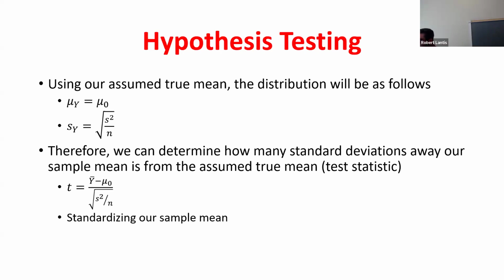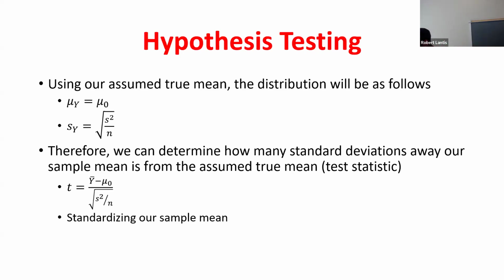So all of this information, I pull out from the data that I sampled, right? I've got my sample mean, I've got my variance from that sample data, I've got my sample size from the data set. All of that I get from my sample, and then I have this assumed true mean that I plug in. I'm treating it as though it is the true population mean. This would then tell me how many standard deviations away from that assumed true mean the sample evidence I found is. So if I turn this into a z-value, I'm trying to relate this to things we already talked about.